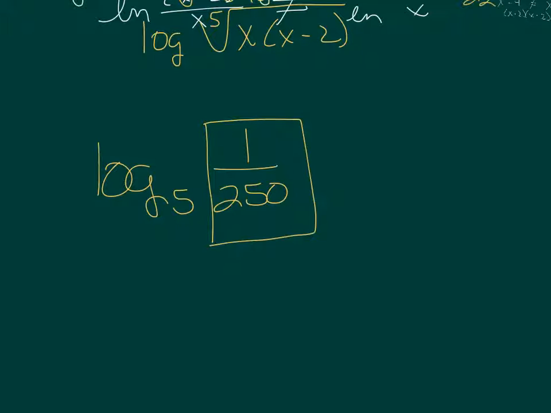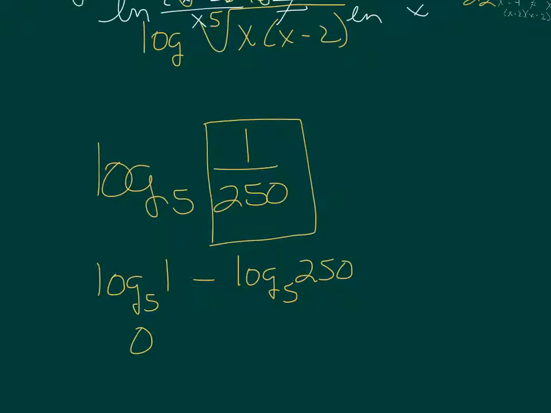All right, so what is that telling us we're going to use? Subtraction. So we'll have the log base 5 of 1, minus the log base 5 of 250. What is the log base 5 of 1? 0. Why?